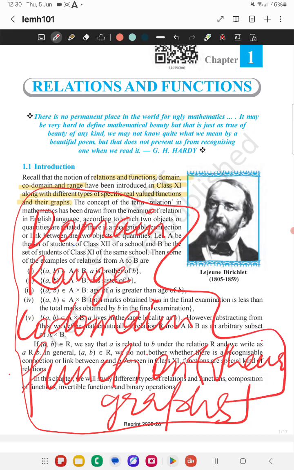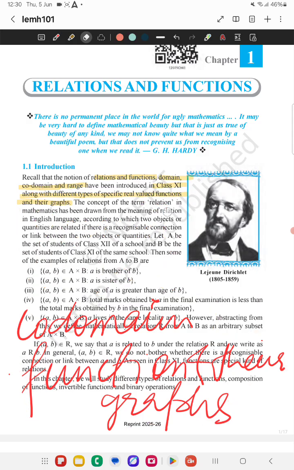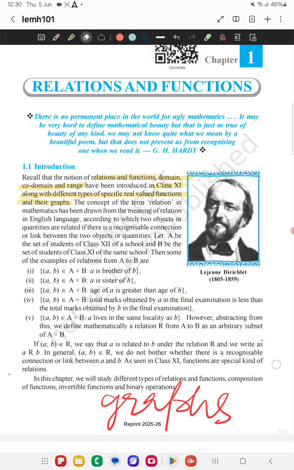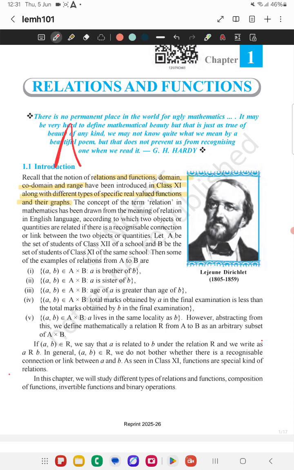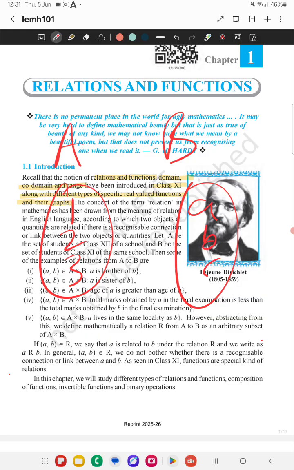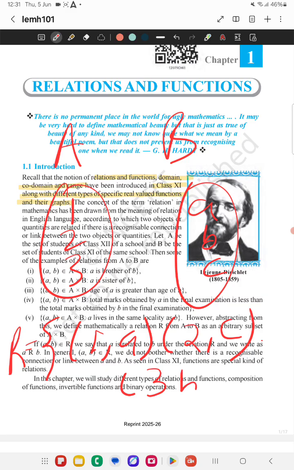So I will make a quick revision of the topics that we have earlier done. So what is the domain? If you define a relation from set A to set B, suppose this is set A and it has 1, 2, 3, and this is set B and it has a, b and c. If you define a relation like R is your (1,a), then (2,c), then (3,b).